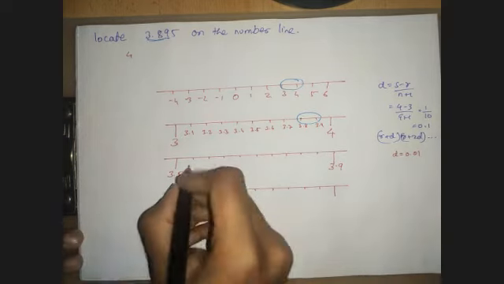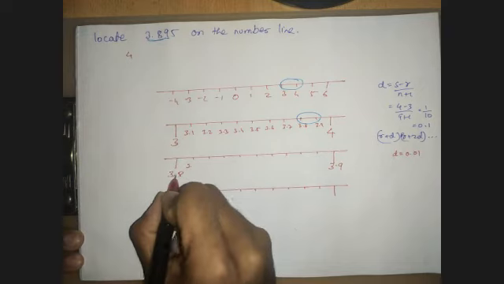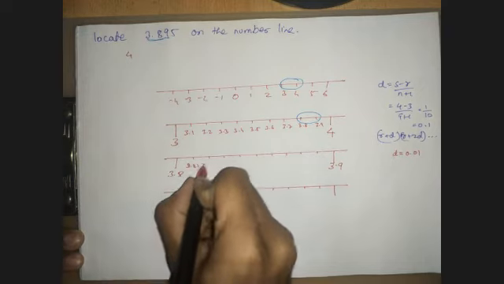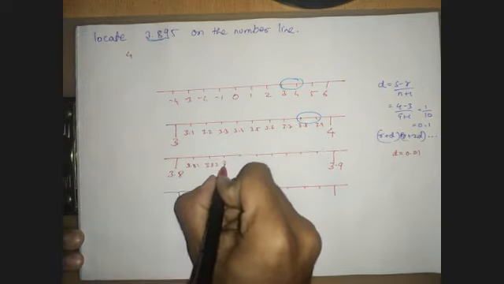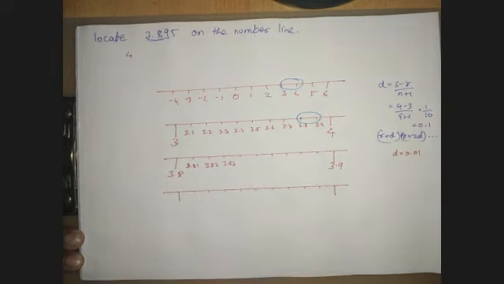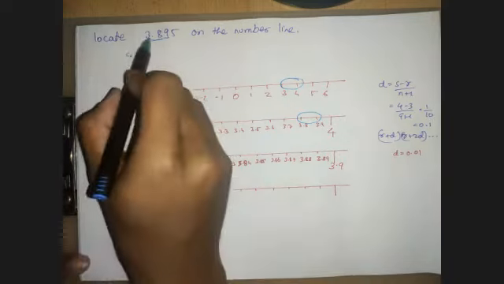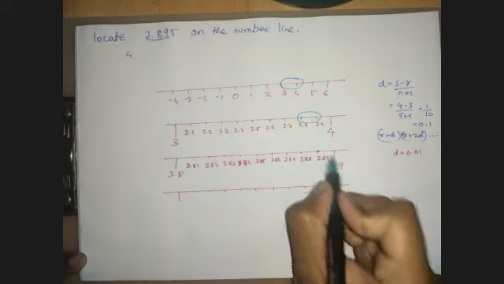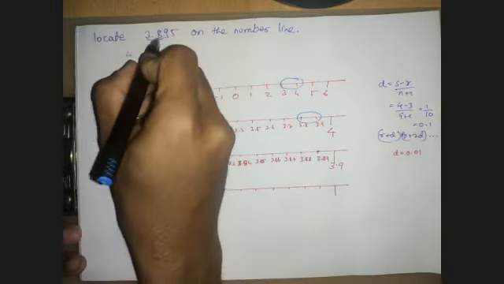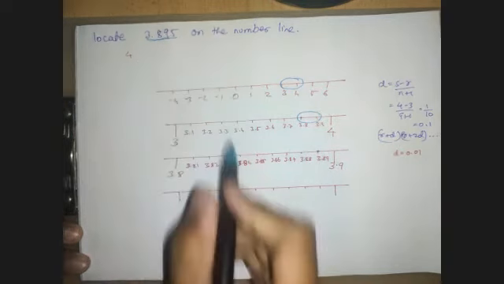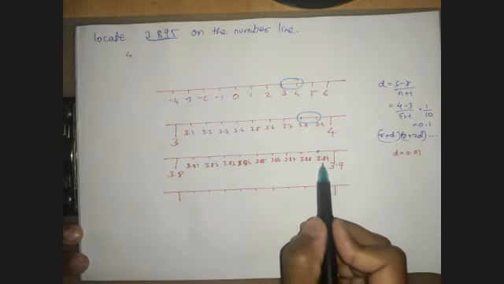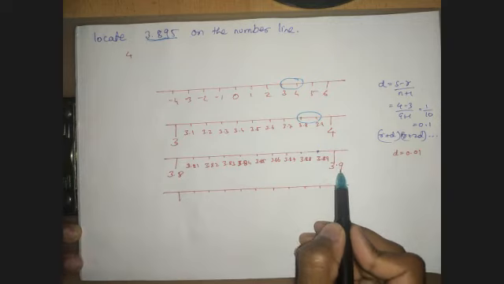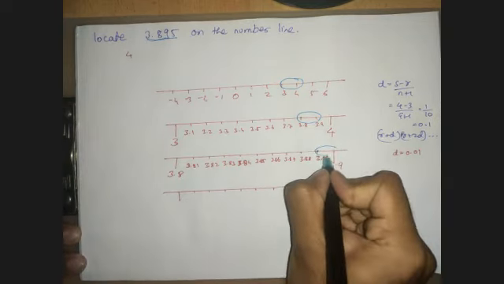So I need to add that to 3.8, 3.81, 3.82, 3.83. So I have the numbers. Now where is 3.89? 3.89 is here, but I need to represent 3.895. So where is 3.895? It is between 3.89 and 3.9.